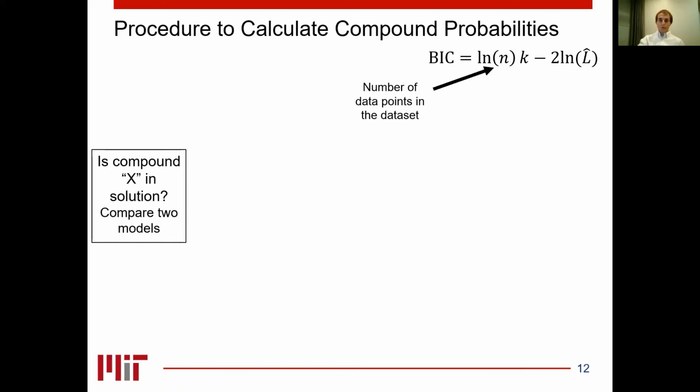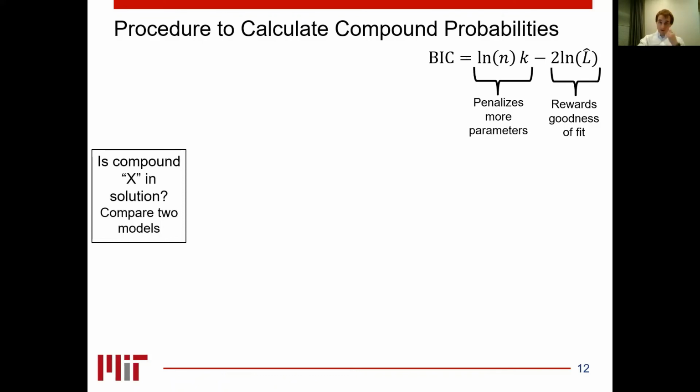Here, n is the number of data points in the dataset, k is the number of adjustable parameters in the model, and L hat is the maximum of the likelihood function. Now, since rewards are negative and penalties are positive, better models have more negative BIC values, and these BIC values in turn are related to the model probability.